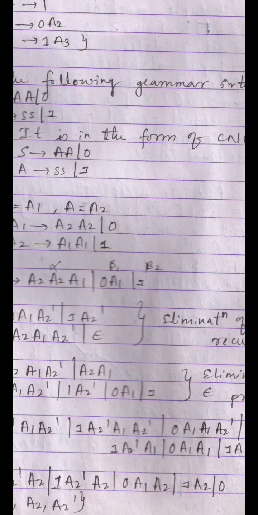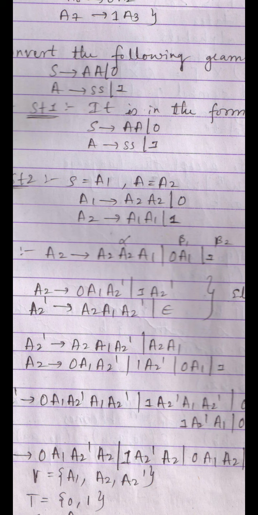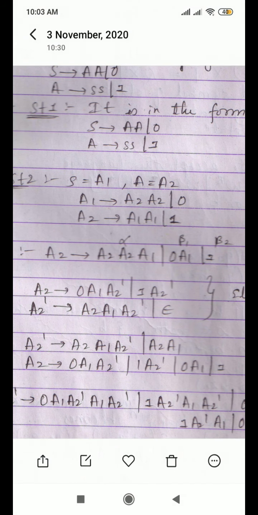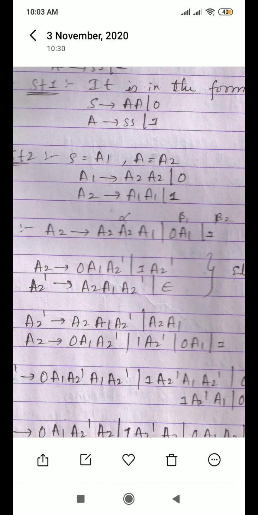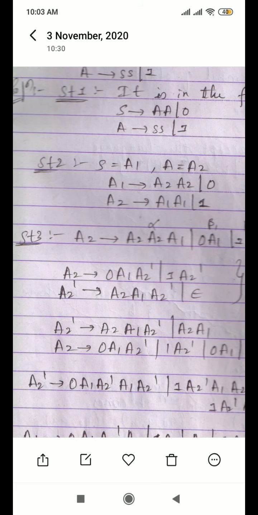Here again I need to eliminate epsilon. Once I eliminate the epsilon, A2 dash becomes A2 A1 A2 dash or A2 A1, and A2 becomes 0 A1, 1, and so on as written. So I eliminated the epsilon, and then I go for the conversion. A2 is already in GNF form.